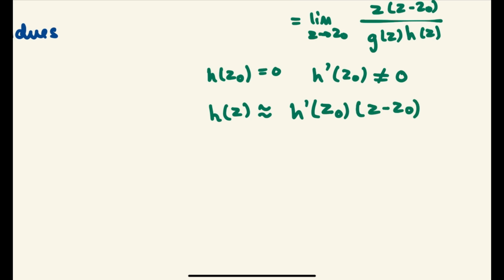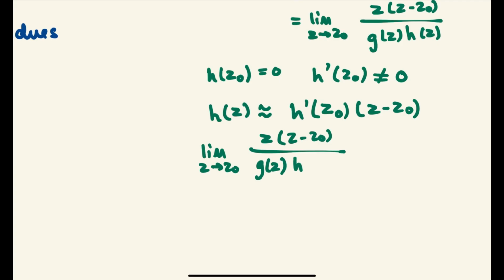It's kind of like a Taylor series linear approximation, but essentially you can do that. So now all we have is the limit as z goes to z0 of z times z minus z0 over g of z times h dash of z0 times z minus z0. You can see that these cancel out.